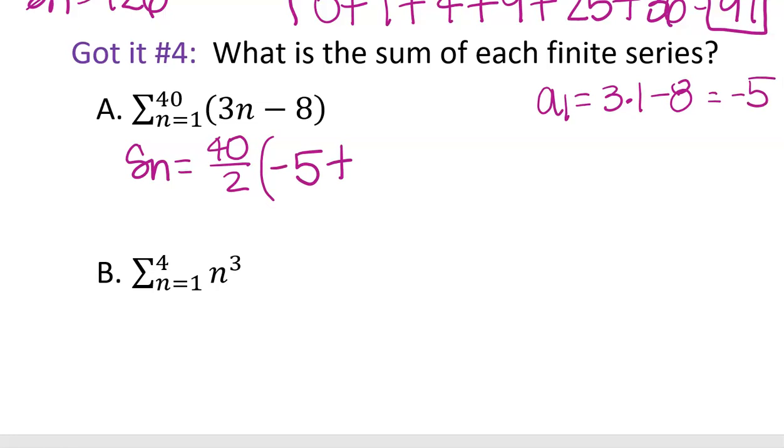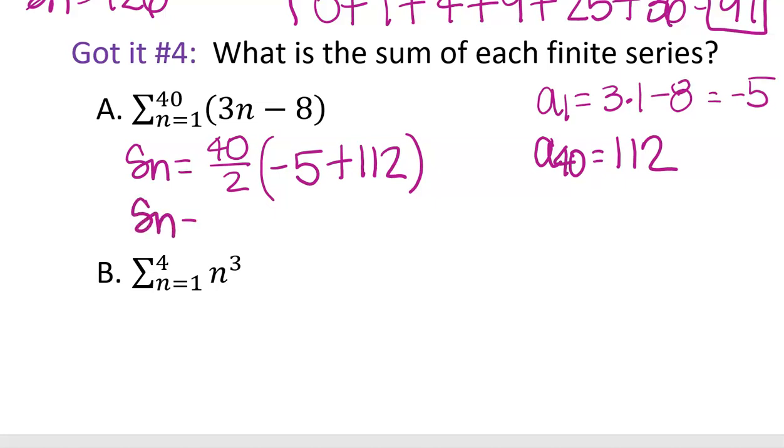And then we're going to add to it my last term, which is 3 times 40, which is 120, minus 8 is 112. So negative 5 plus 112 is 107, times 20, and you get 2,140.